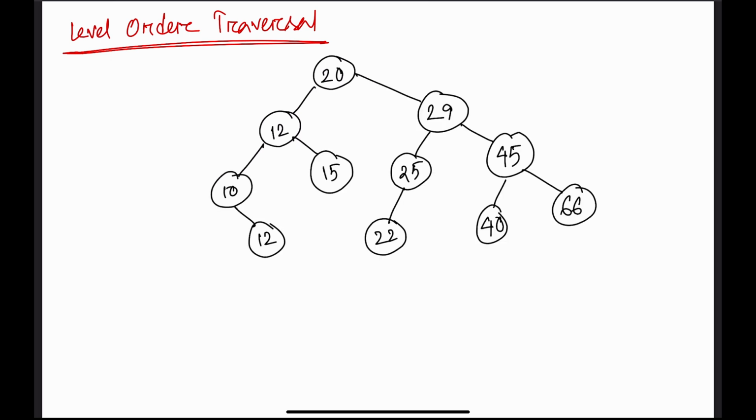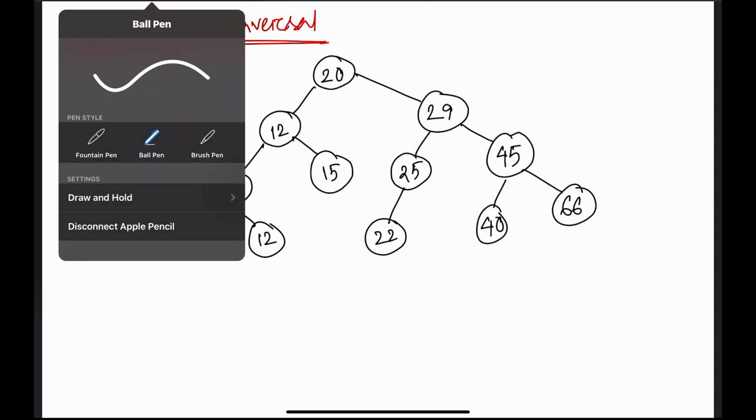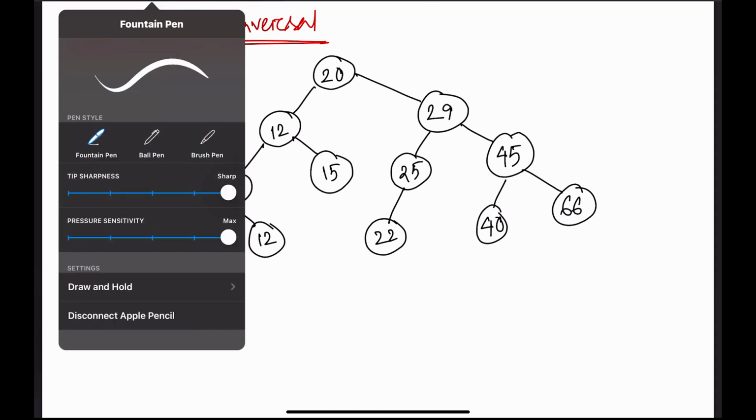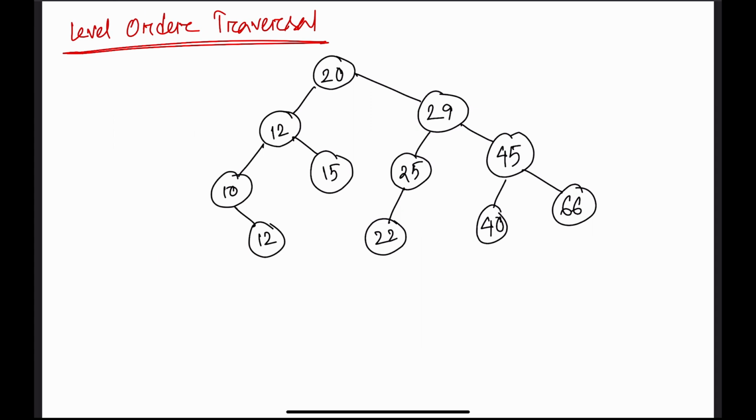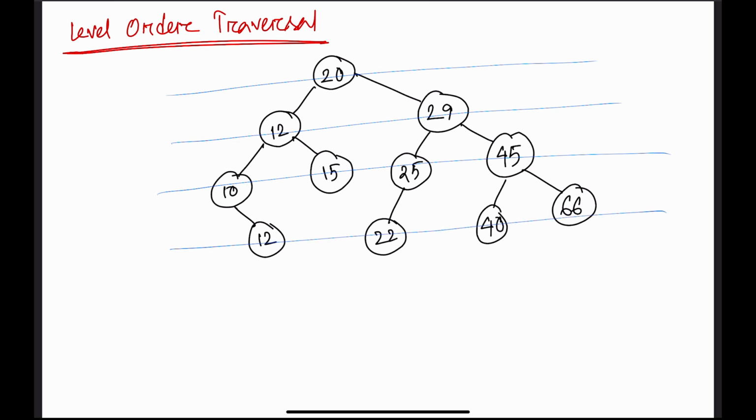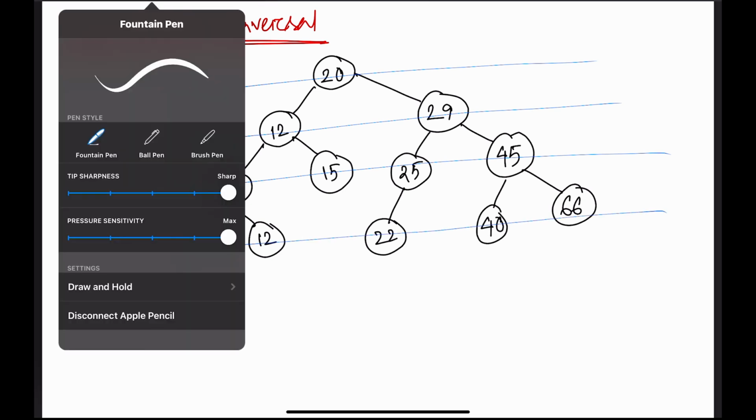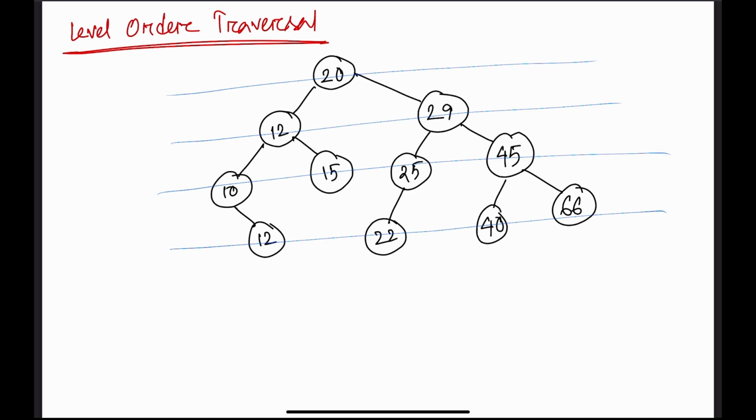If I talk about the levels, then this is one level, this is another level, this is another level, and this is another level, correct? So obviously this is level 0, level 1, level 2, and level 3.